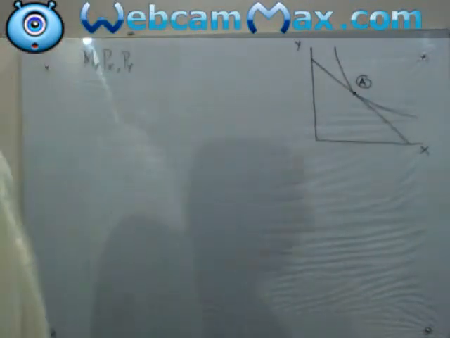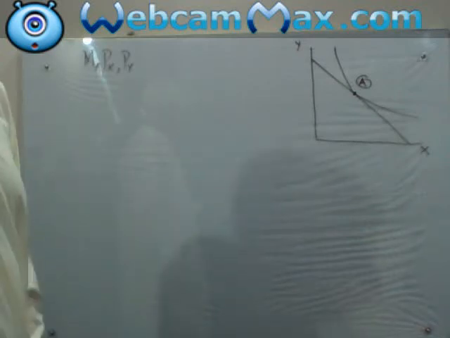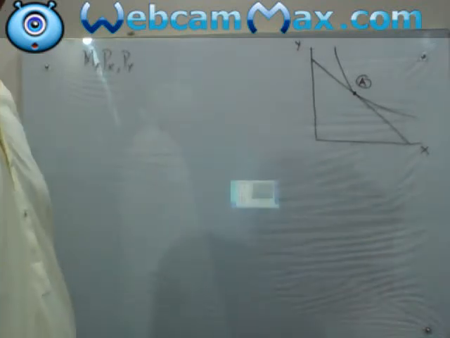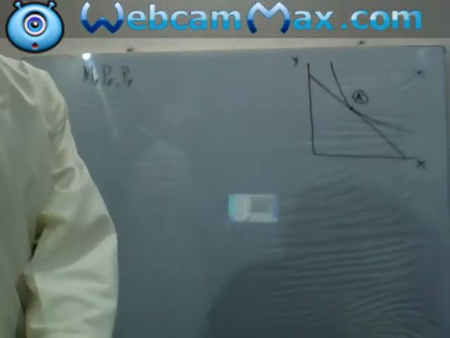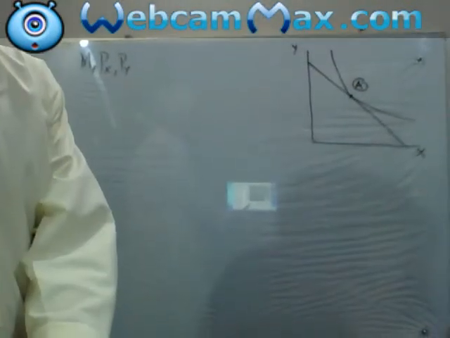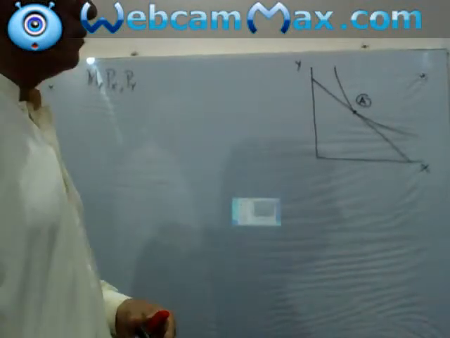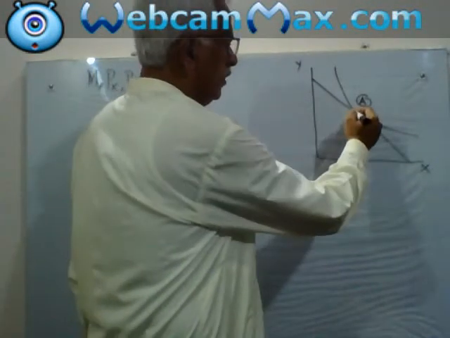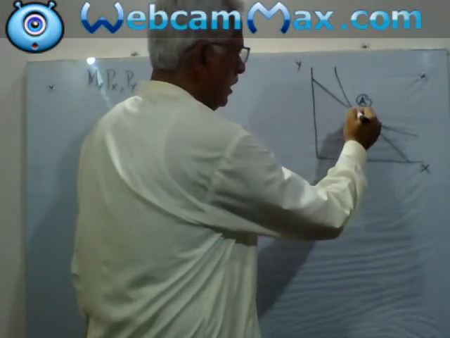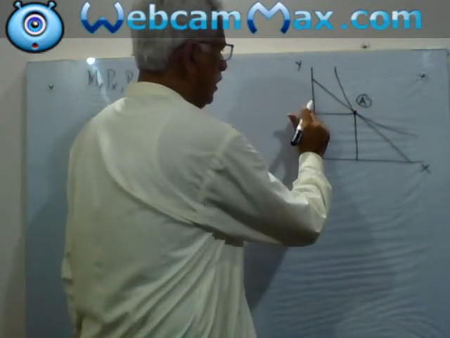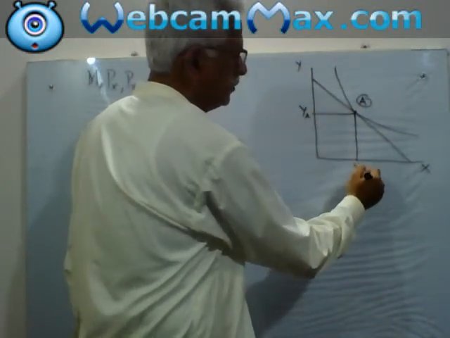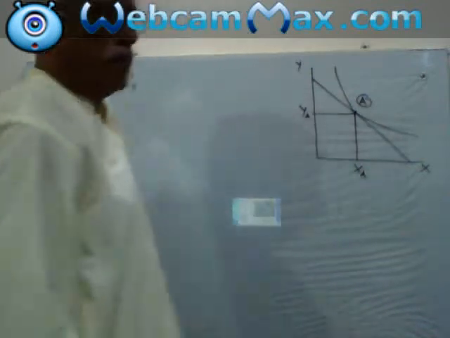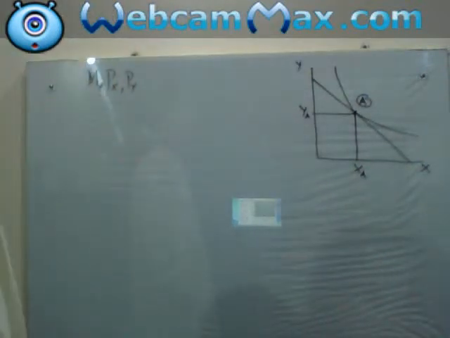So let us call a point the initial condition where the consumer is at optimum, and the consumer's bundles are XC and YA at optimum.